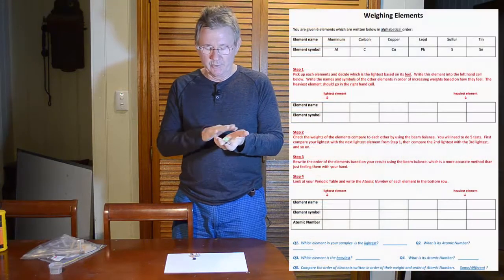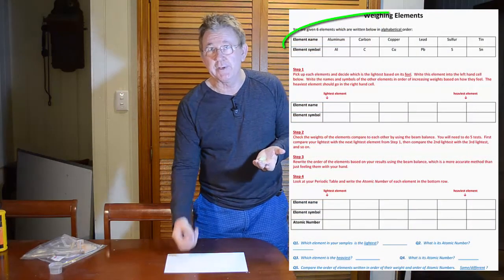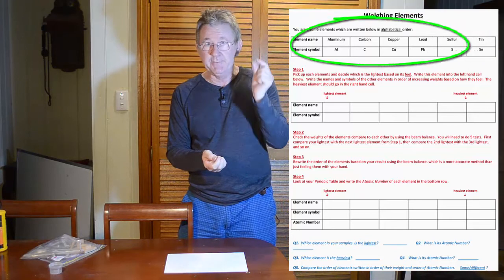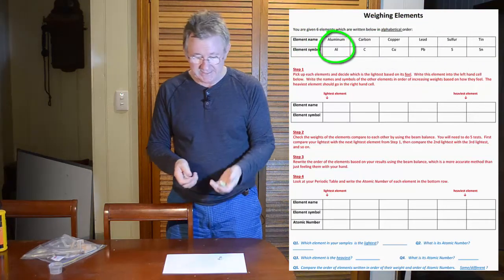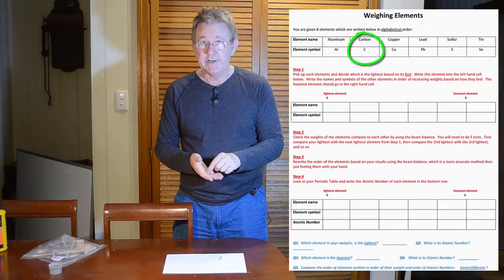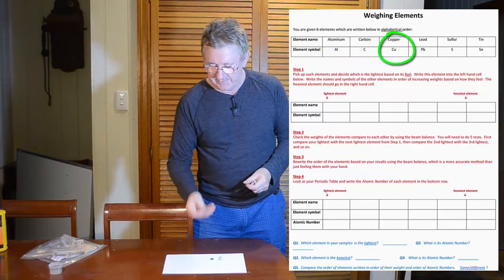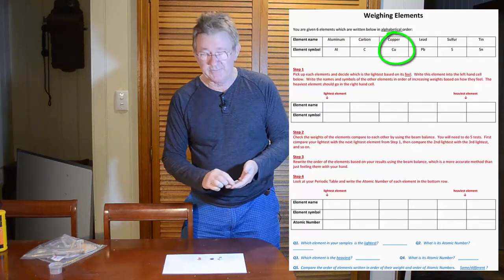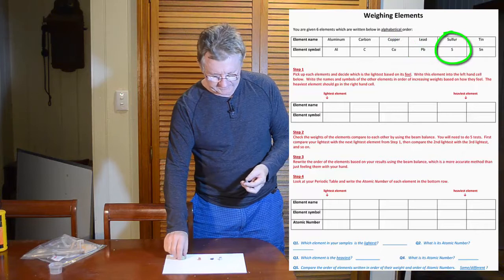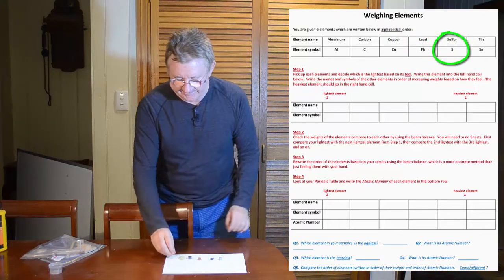The first thing that they'll see on their activity sheet is all of these listed in alphabetical order. So first is aluminium, then carbon is the next one, copper, lead, then sulfur, then tin.